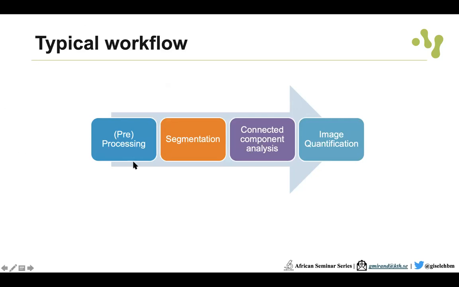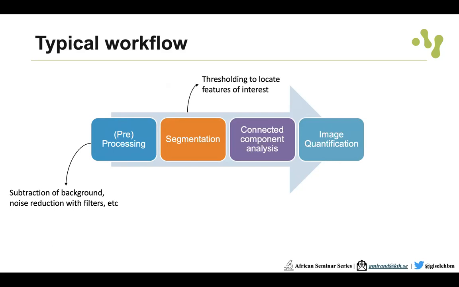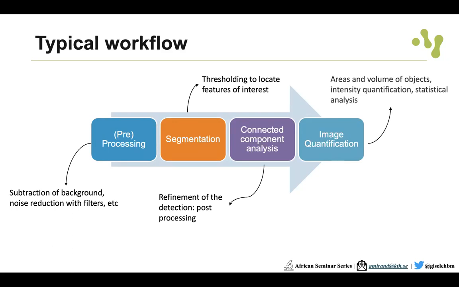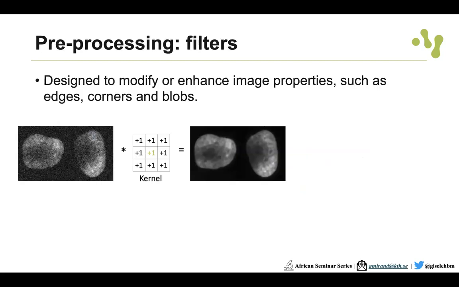These steps may vary, but in general we have a pre-processing step, which involves background subtraction and noise reduction, followed by segmentation, which is the separation of the objects of interest in the image, and a connected component analysis as post-processing, which is a refinement of the segmentation, and finally image quantification. So let's see each of these steps in detail.